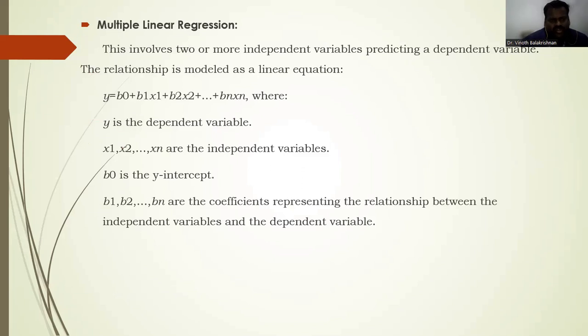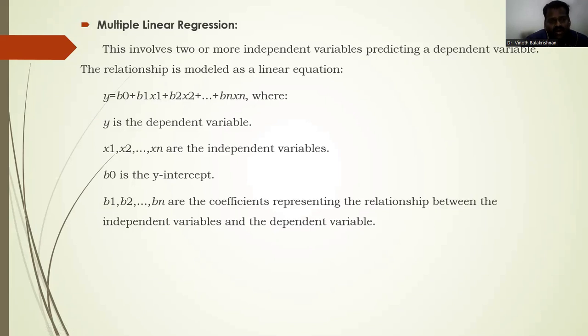Next, the multiple linear regression model. This model involves two or more independent variables predicting a dependent variable. This is the model given here: y is the dependent variable, here b0 is the intercept, and b1, b2, b3, etc., up to bn are called the regression coefficients. And these x1, x2, etc., up to xn are called the independent variables.